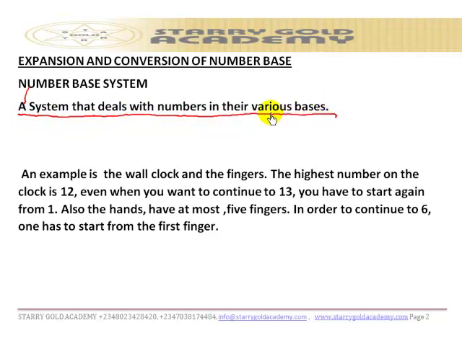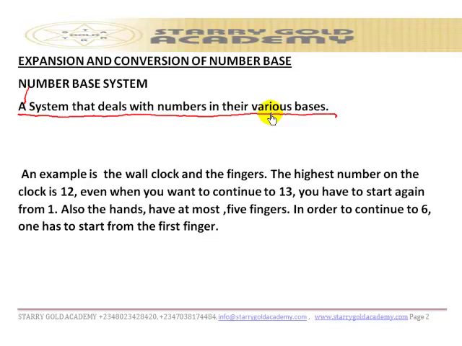Now, take for example a wall clock. The highest number you can see on a wall clock is 12. So even if you want to count to 13, or to 50, you have to rotate around 12. When you get to 12 noon and you get to 1, your 1 is a 13, your 2 is a 14, your 3 is a 15, your 4 is a 16, your 5, that's why 5 p.m. is 17:00.